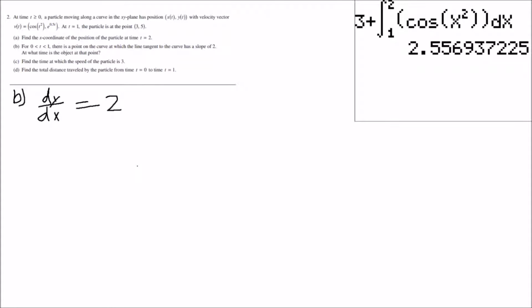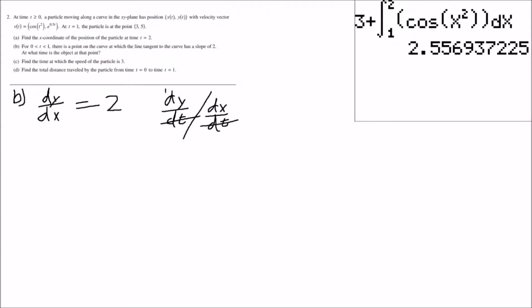Well, everything is in terms of t. How can you therefore get dy dx? Oh, look, dy dt over dx dt. And the dt's cancel. Cool.